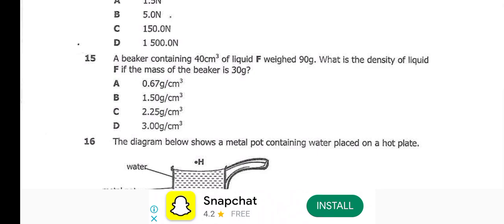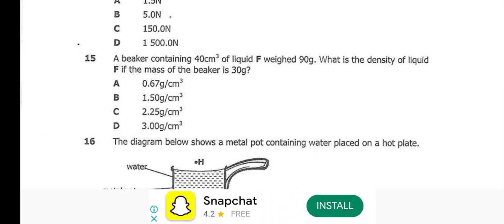So if you want to have the mass of the liquid independently, you have to say M2 minus M1, which is mass of both liquid and beaker minus mass of the beaker.